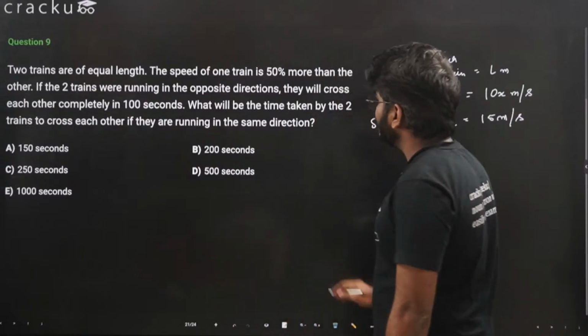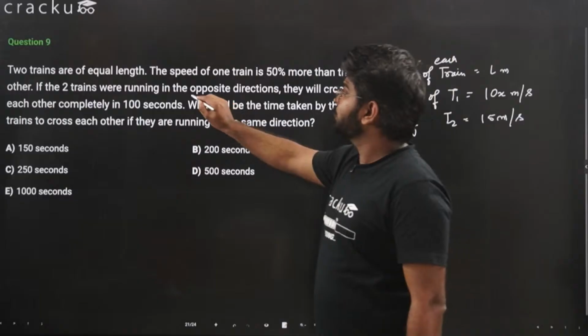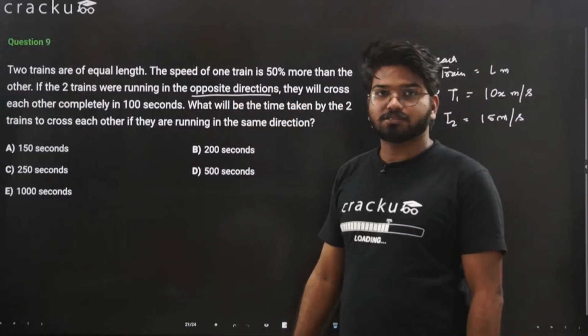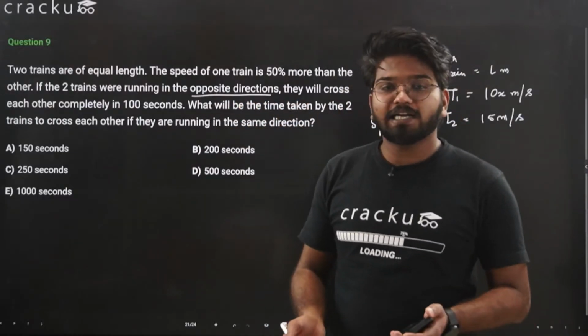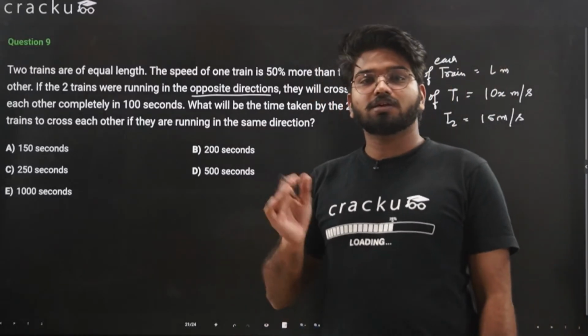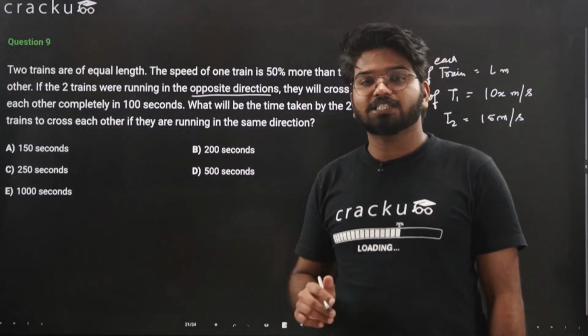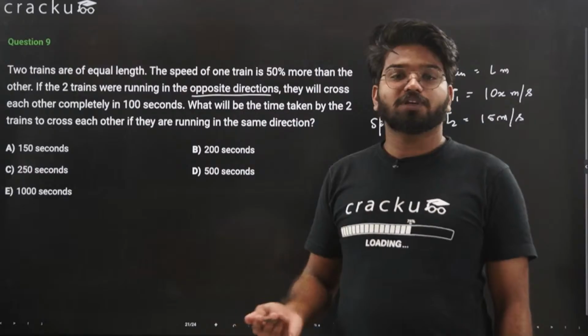Now, they will cross each other completely in 100 seconds if they move in opposite directions. We know that when they move in the opposite direction, first they need to cover the distance equal to the sum of their lengths. And the relative speed when they move in opposite directions will be equal to the sum of their speeds.